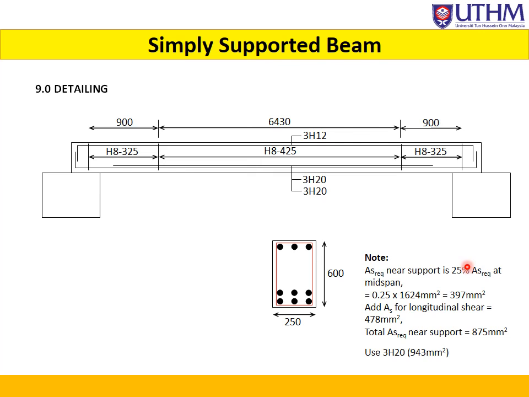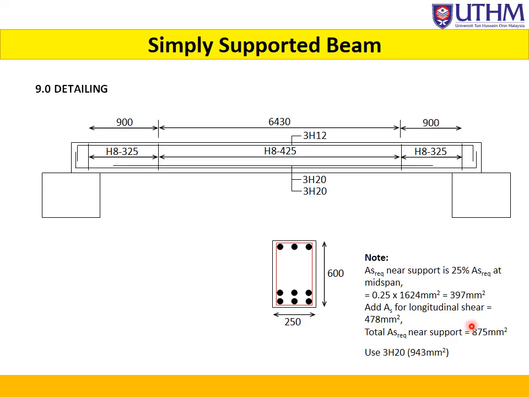We know at the support, the bending is less critical, so we can reduce to 25% from the total tension bar area at the midspan. We calculate the reduction and obtain 397 millimeters square. We have to add area of steel for longitudinal shear, which is 478 millimeters square. Therefore, the total AS required near the support is 397 plus 478.